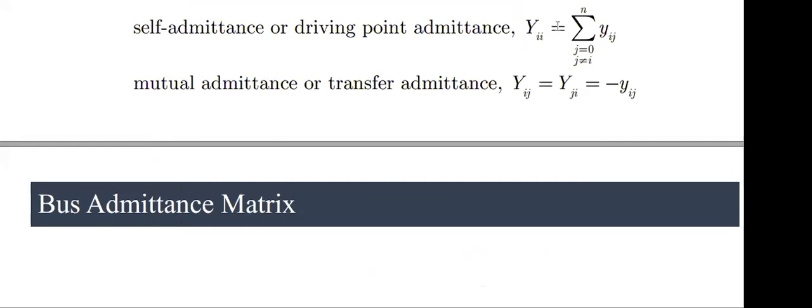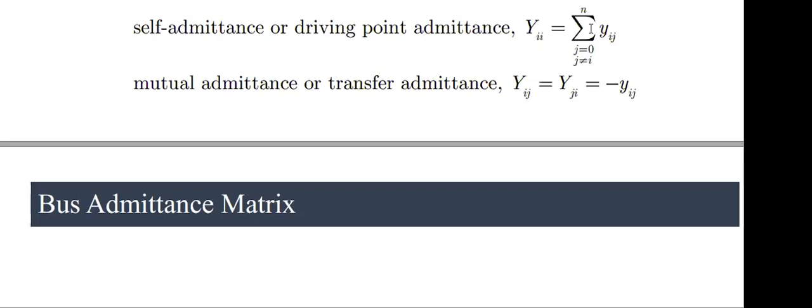Try to write these two formulas in your paper. Okay. Capital Y, small i, equals the summation over j equals 0, j not equal to i, up to n.